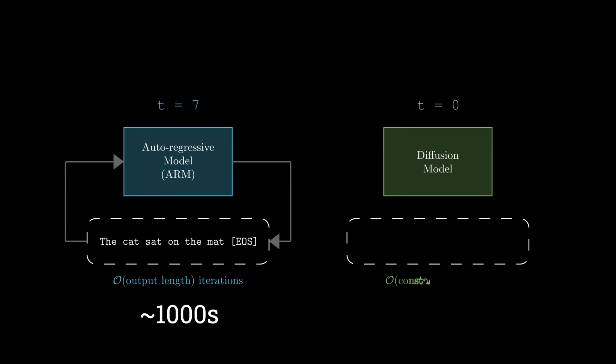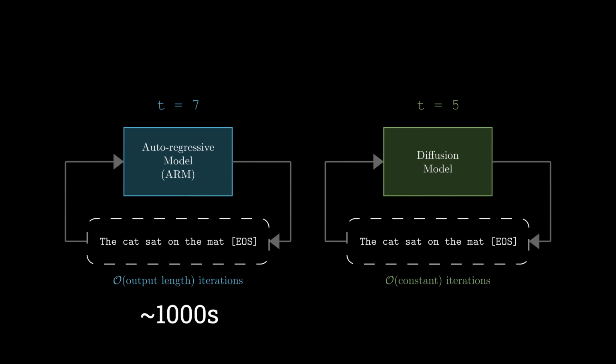Diffusion models can be faster because they require fewer refinement operations. The exact number is a hyperparameter that acts as a knob between speed and quality. For good outputs, a reasonable number of refinements today is in the tens or low hundreds. But new research keeps bringing this number down.